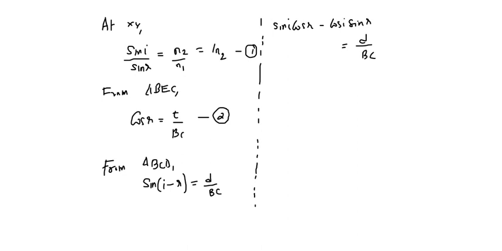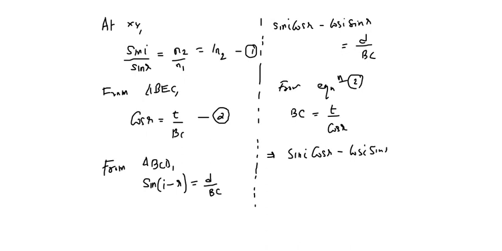Now what is BC? From equation 2, I can write BC equal to T by cos of R. So, sin I cos R minus cos I sin R equal to d by T by cos of R. Let us distribute this.